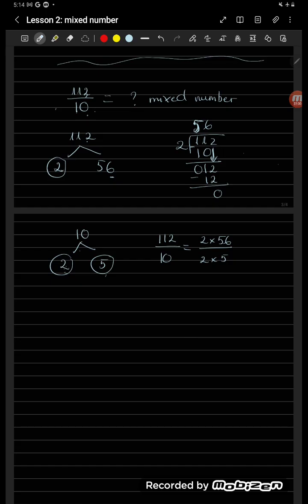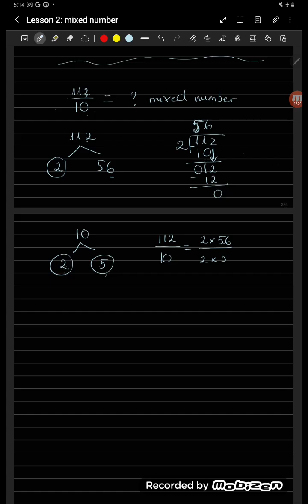Like I said in lesson 1, because both of them have a number 2 and they are all multiplication, we can cancel. If you have an addition, you cannot cancel out. It must be multiplication, then you can cancel out. A lot of students make mistakes because they cancel out even for addition.